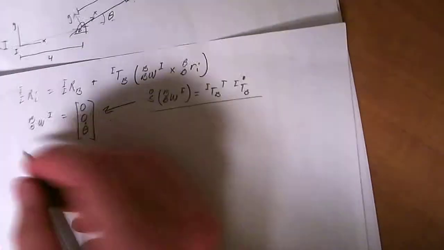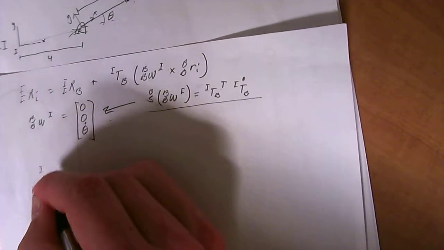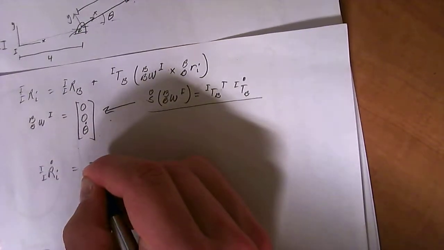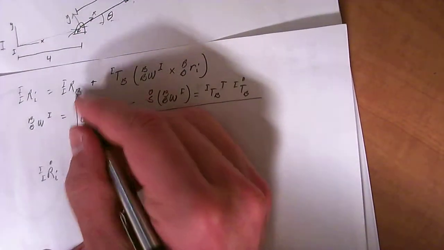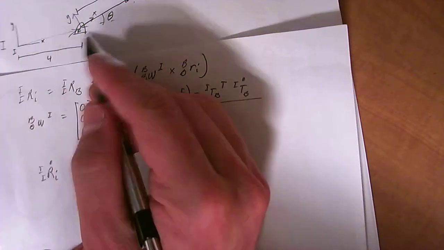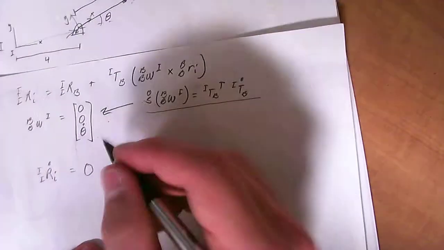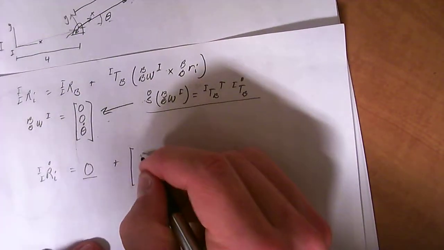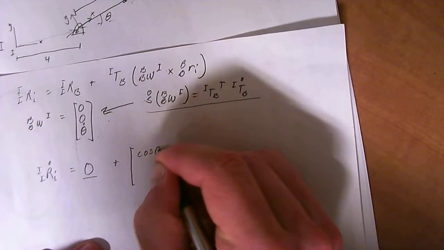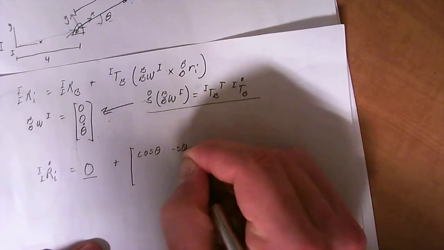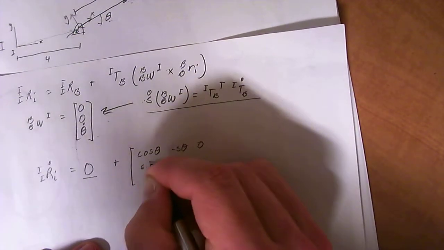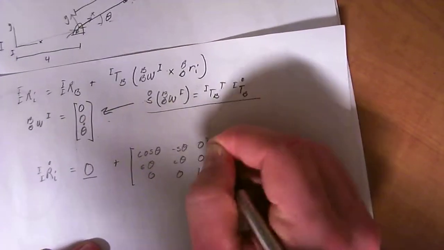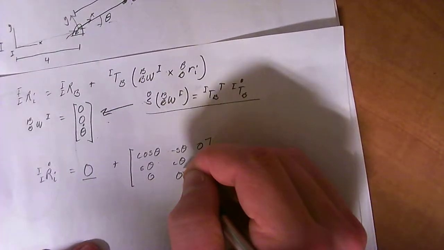Alrighty, so going ahead and going on with this, Ri dot is equal to 0 because IIRB is a set of constants just from here to here, which is going to give you 0, a vector of zeros, plus the matrix cosine of theta, minus sine of theta, 0, sine of theta, cosine of theta, 0, 0, 0, 1. Okay, so this is rotation about z.